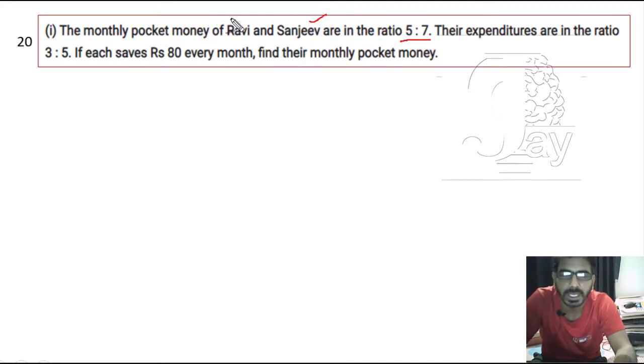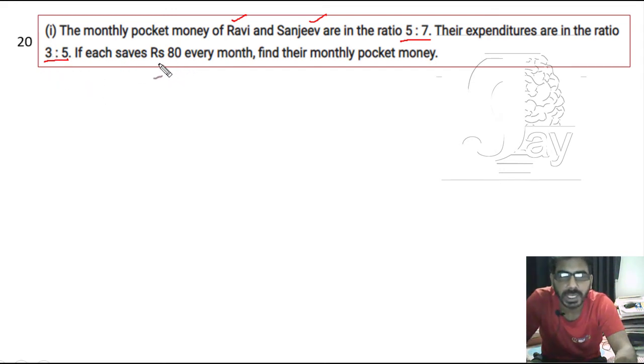We can compare what Ravi gets to Sanjeev. So that is 5:7. And now how much do they spend? Their expenditure ratio is given as 3:5. So the person who is getting more will obviously spend more. So Sanjeev spends 5 as compared to Ravi's 3.